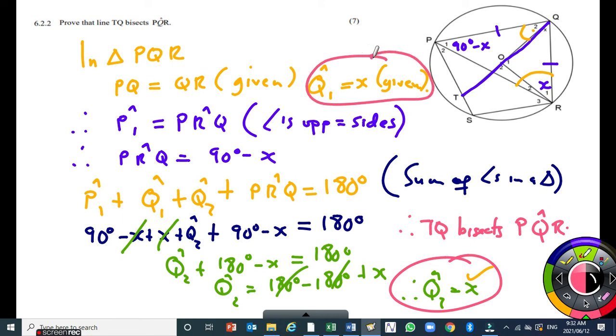Then you are done. Always identify triangles as well. Don't worry about copying this. I'll send you a PDF on the WhatsApp. Follow me.